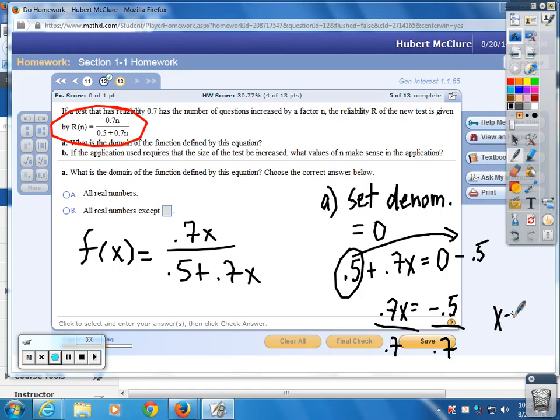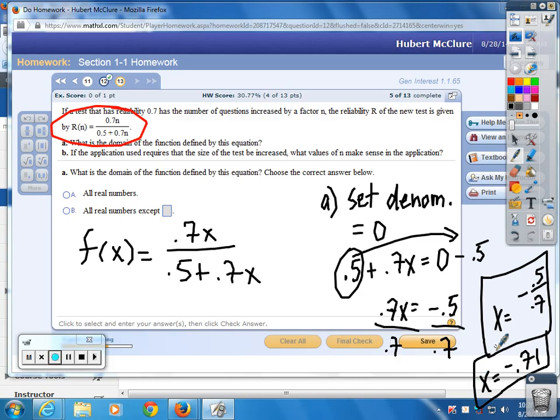So if you plug in x is equal to negative 0.5 over 0.7, what are you going to get for an answer? Somebody tell me what 0.5 divided by 0.7 is, so I ain't got to write it as a fraction. X is equal to negative 0.71.